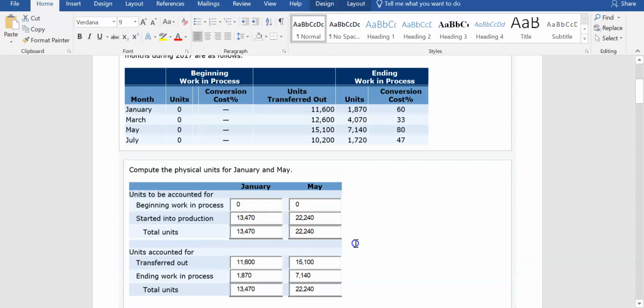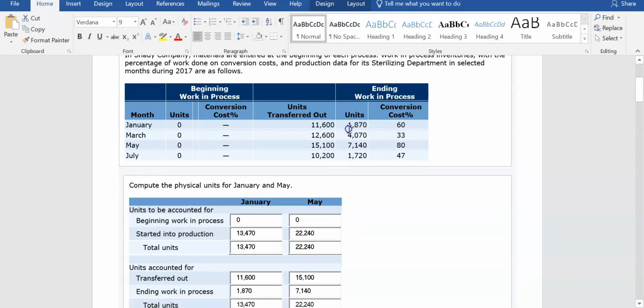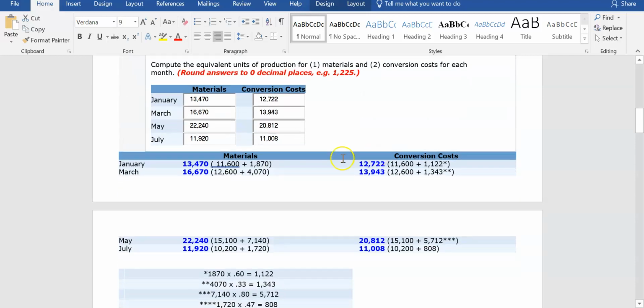In addition to that, they had another 1,870 units that were still in process at the end of January. We know those are 100% complete because all materials are added at the beginning of the process. So in January, the total number of equivalent units that could have been made if they had only focused on making whole units are 13,470.